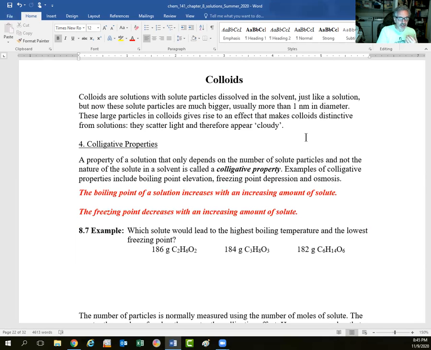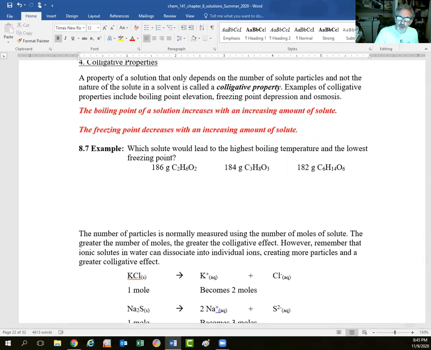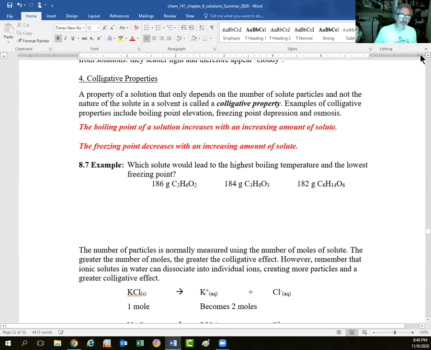So these solutions often appear cloudy, like fog appears very cloudy as you're driving down the road. Now, there are a variety of properties which we group together as colloidal properties.